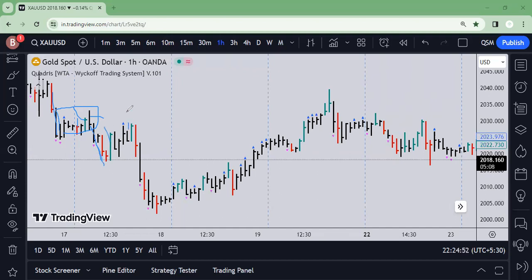Again, the market tried to push itself upwards, but this bar was a decisive bar, which showed us that all this buying was absorbed and got converted into selling, and this entire day was a sell-off day. A very good sell-off day. This happens a lot.